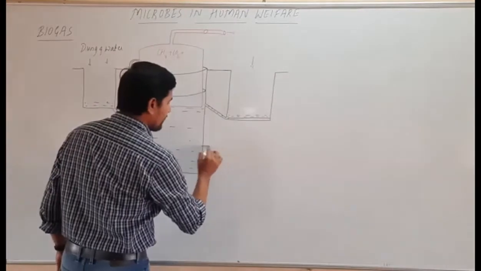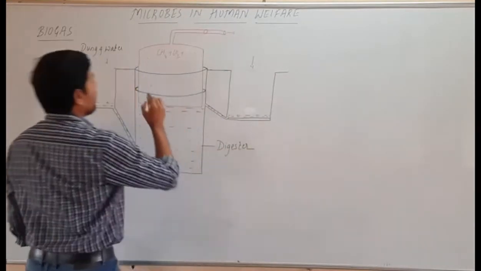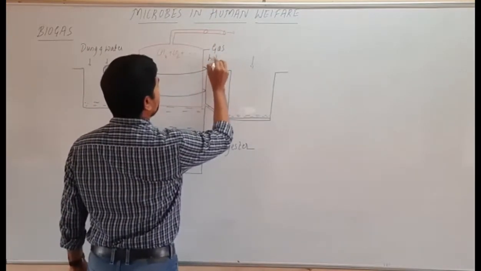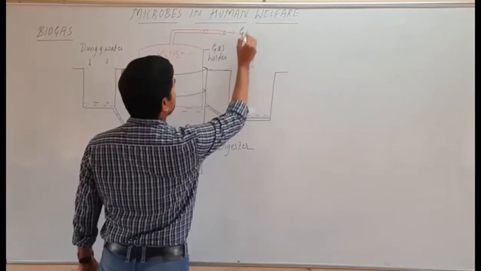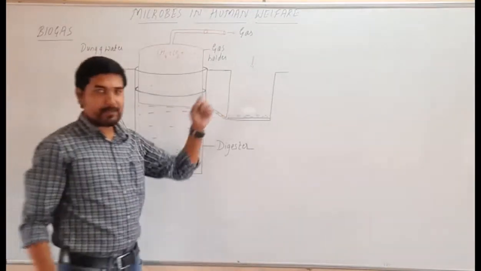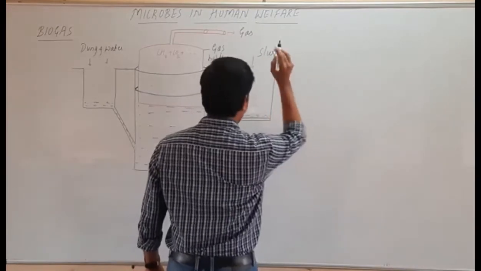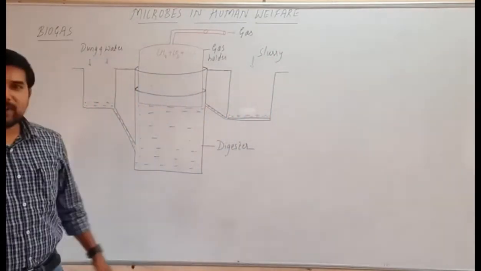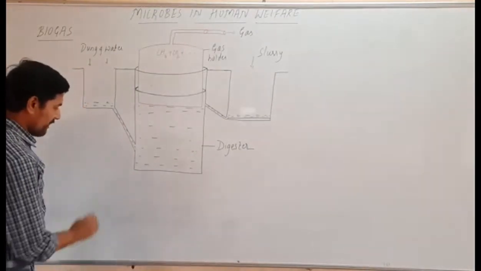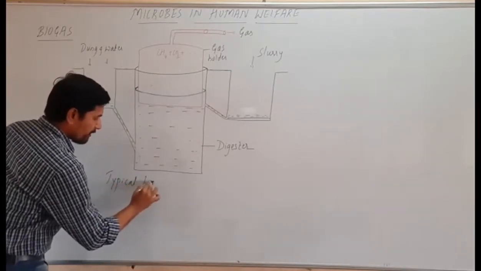This is the digester. This is the gas holder. This is gas. This is a pipe where we connect, and this side we have the spent slurry. Okay, now this is a typical biogas plant.